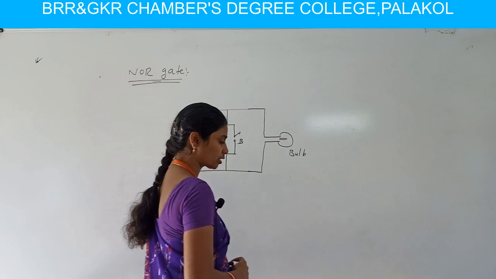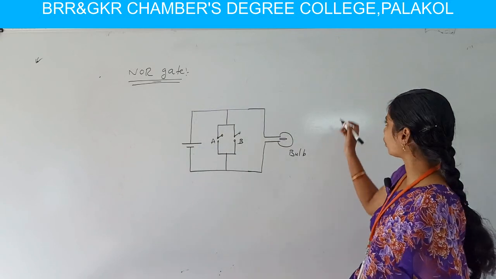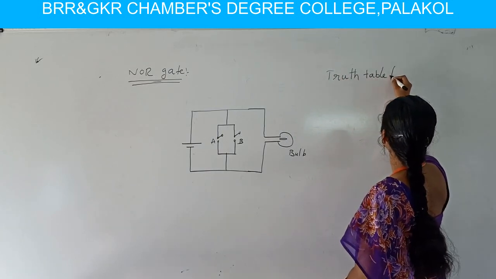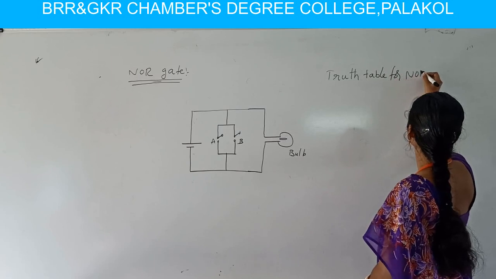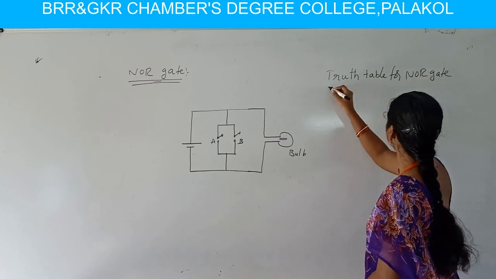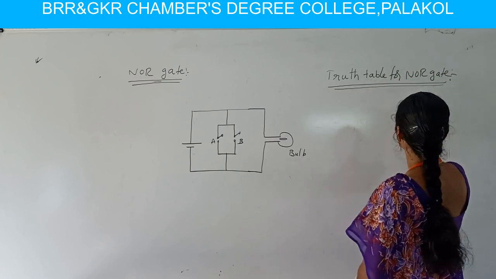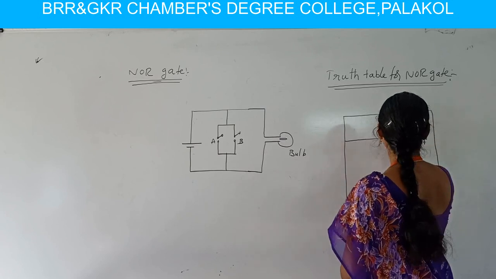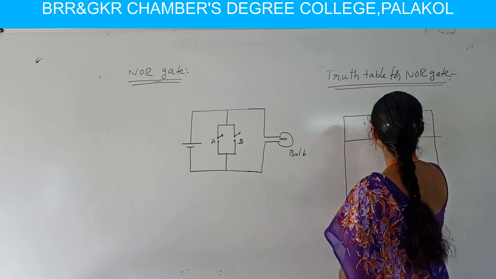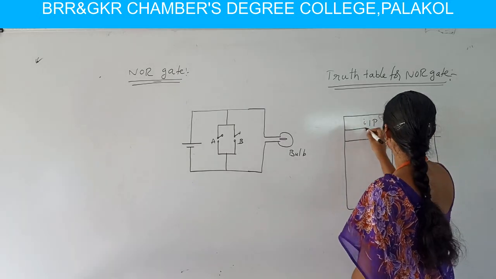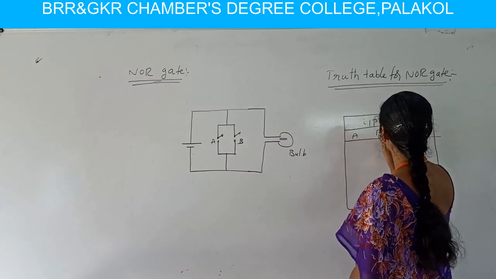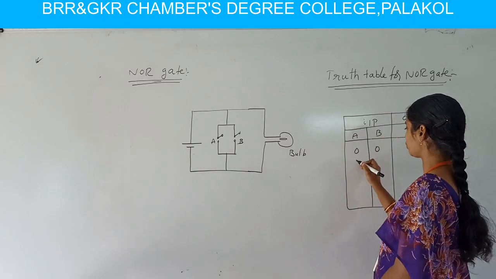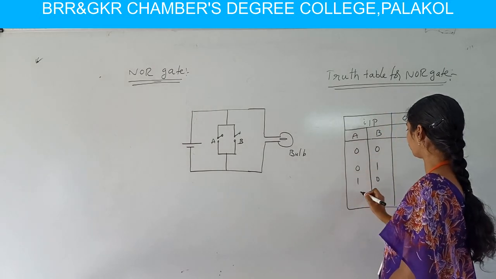By explaining this, we can consider the truth table for NOR gate. A NOR gate can have two or more inputs, so we consider a two input NOR gate. In the truth table, A and B are the inputs, and the binary numbers considered as input variables are 0 0, 0 1, 1 0 and 1 1.